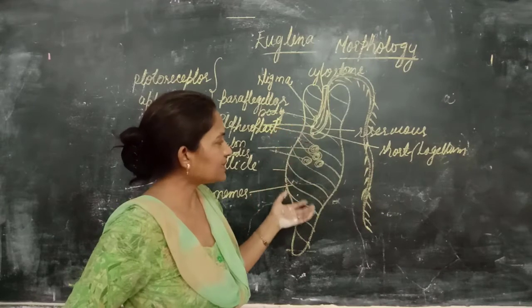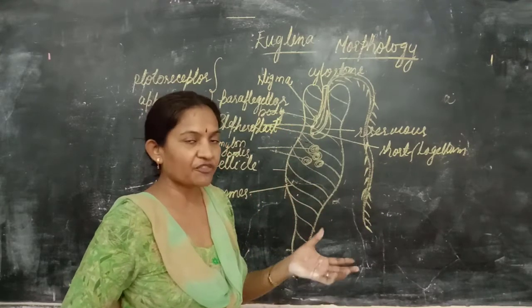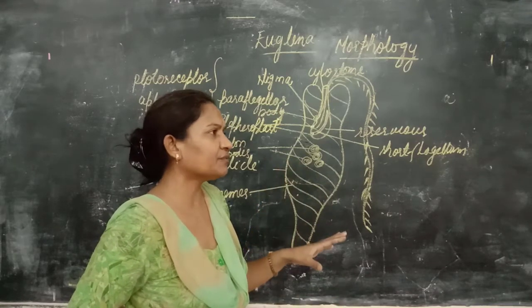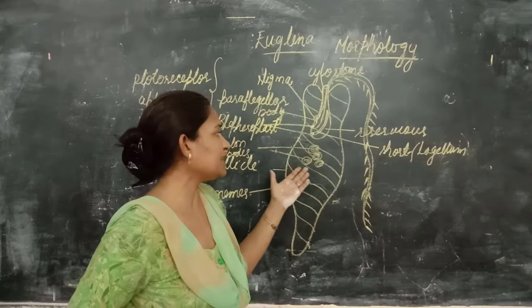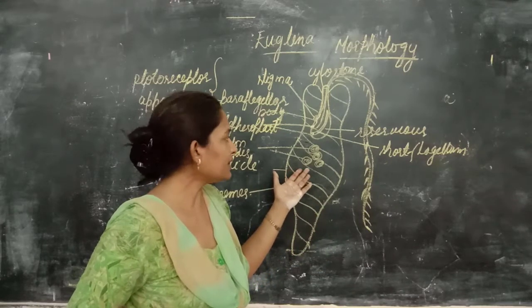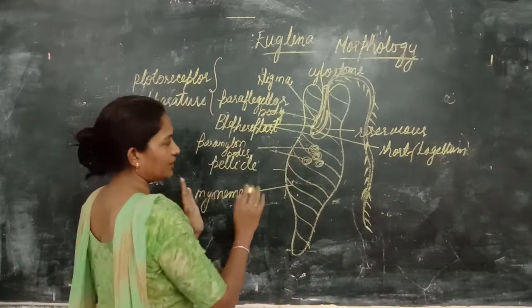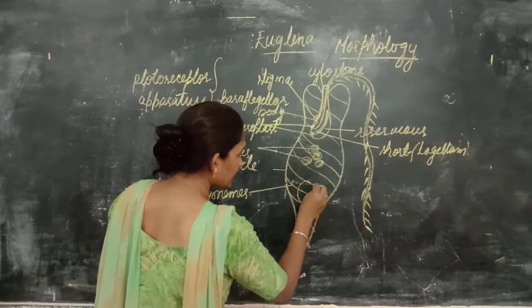When it photosynthesizes, the food is stored in the form of carbohydrate, which doesn't give a blue color if we react these paramylon bodies with iodine; it is bluish green. So this is stored food material. And here is the nucleus.